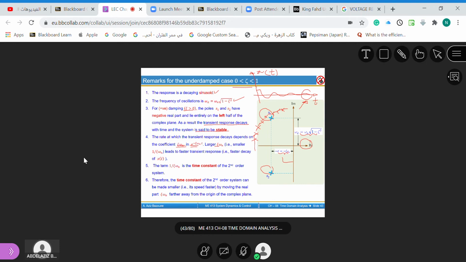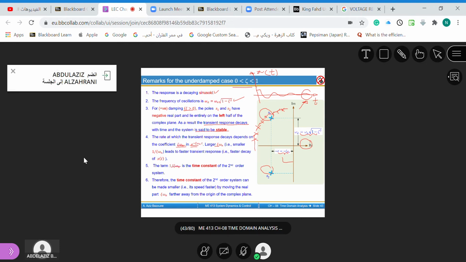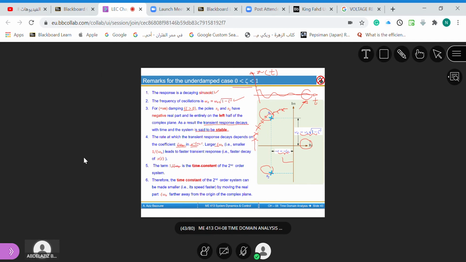If zeta omega n is large, the system goes faster to the steady state response, or goes to zero faster. The term 1 over zeta omega n is called the time constant of the second order system. Therefore, the time constant can be made smaller by moving the real part to the left.